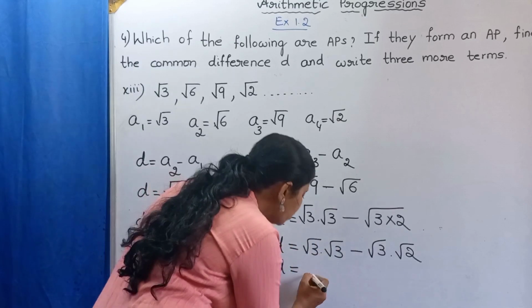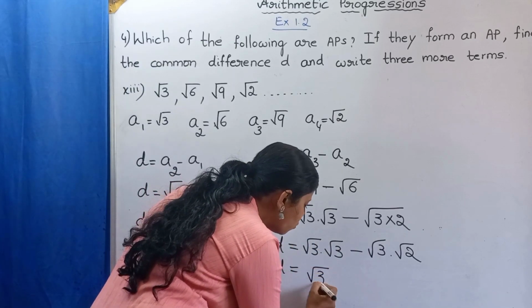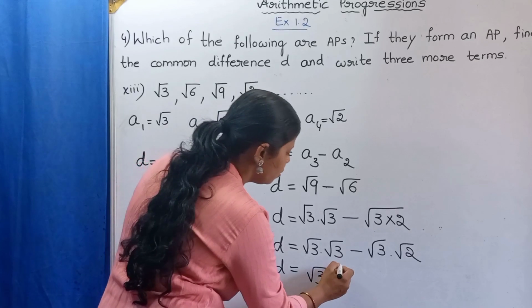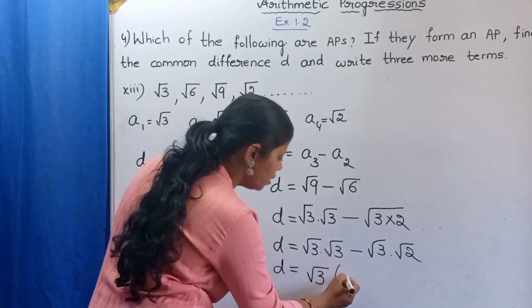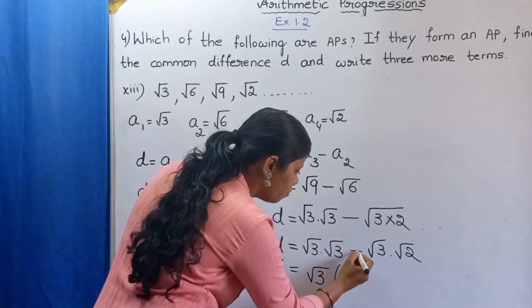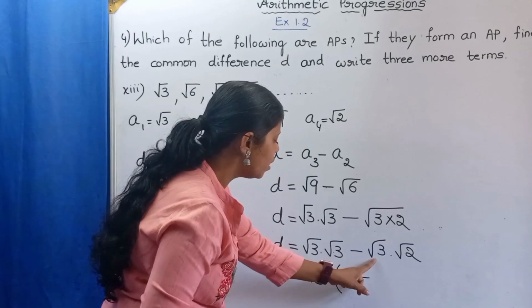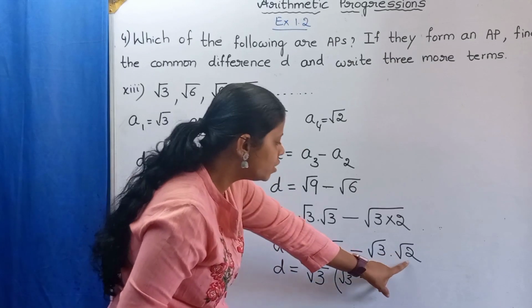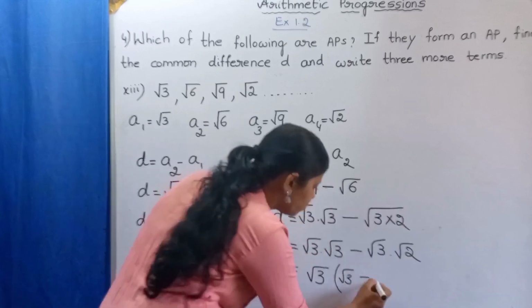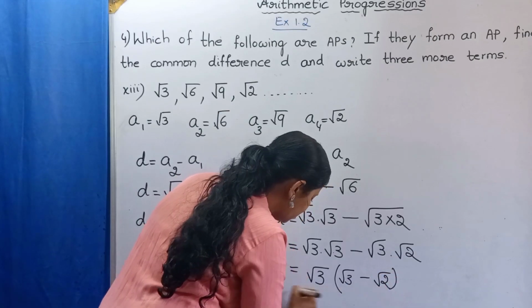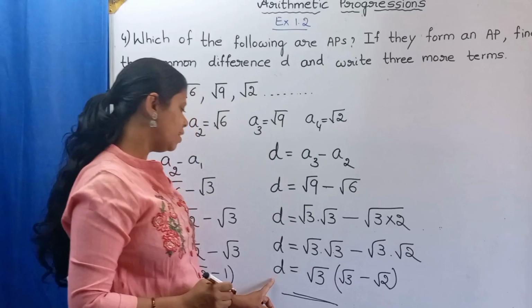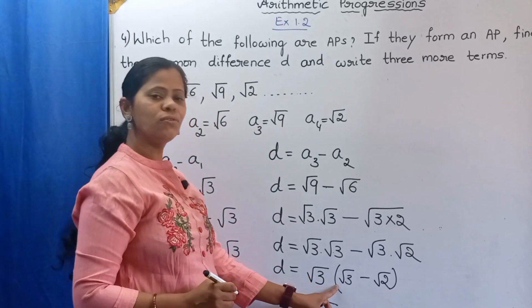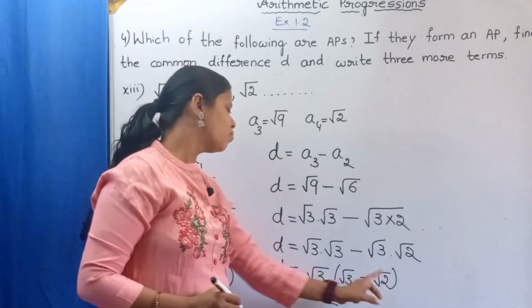Root 3 is common in both. Let me take root 3 outside the bracket. Root 3. Now see, which is left here? Root 3, minus root 3 is common. Then which is left here? Root 2. That is d is equal to root 3 into root 3 minus root 2.